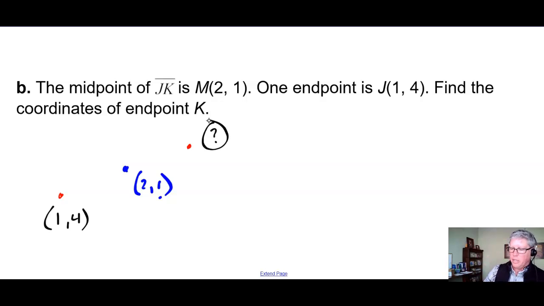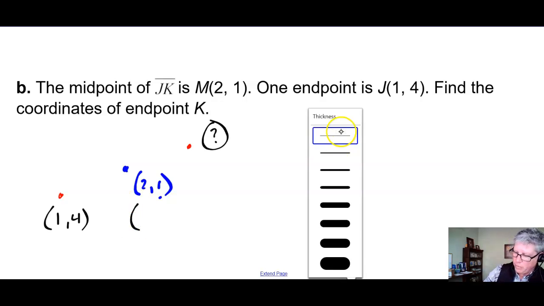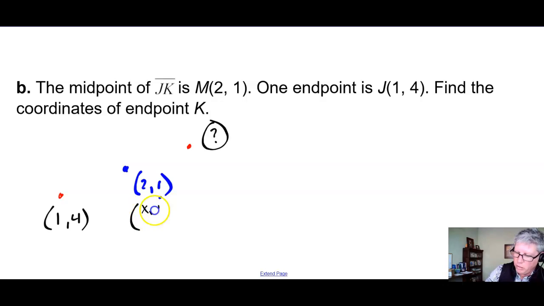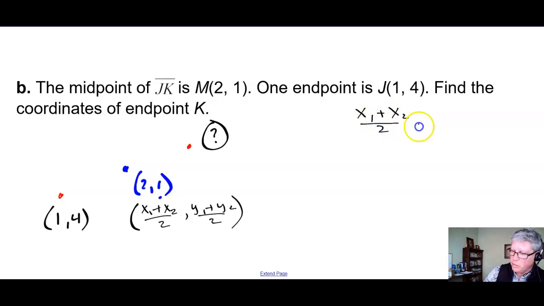Well, interesting. So remember how to find this? This is x1 plus x2 over 2, and this is y1 plus y2 over 2. Okay, so algebraically, we could say that x1 plus x2 over 2 is equal to 2, because we know it's equal to 2.